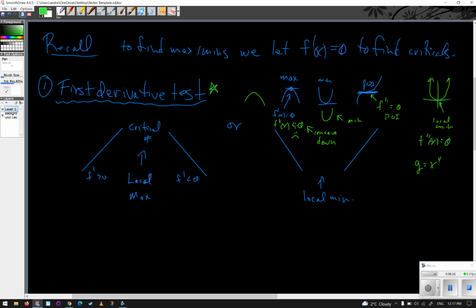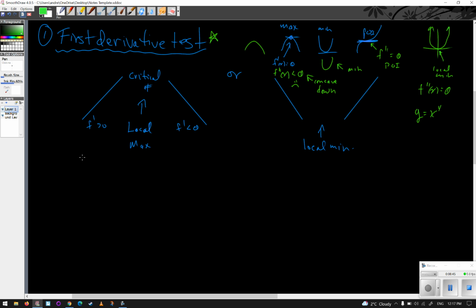And most often you're going to find that it's a max or a min according to the second derivative. But if the second derivative is also 0, it's still not conclusive, and then you're going to have to actually do the first derivative test fully. But more often than not, you can tell whether something is a max or a min simply by examining the second derivative at that spot, okay?